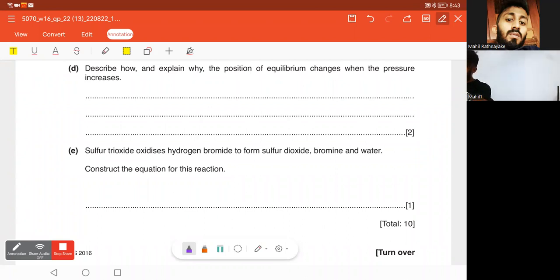Sulfur trioxide oxidizes hydrogen bromide to sulfur dioxide and bromine. SO3 plus HBr. What are the products? Sulfur dioxide, SO2. Bromine, how to write? Br2. Water, H2O. You didn't put Br2.